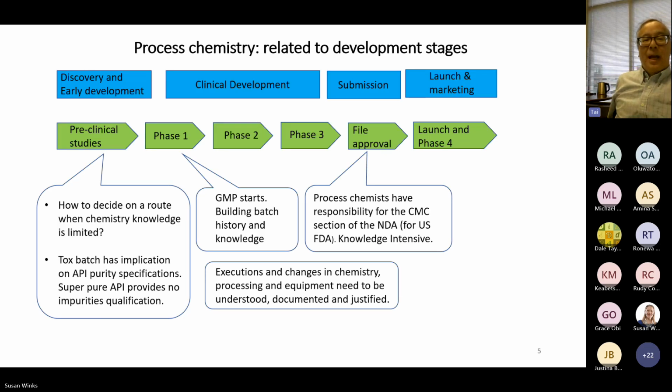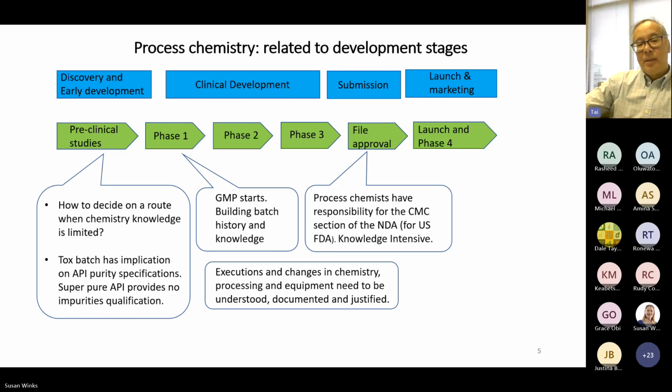So I think many of you have seen this chart many times. I just put it up here, but with a focus on process chemistry. In preclinical studies, process chemistry typically starts with preparation of toxicology batch, which locks in the purity profile for further development. As we go into first in human or through clinical trial, process chemists, of course, prepare material to support these trials.